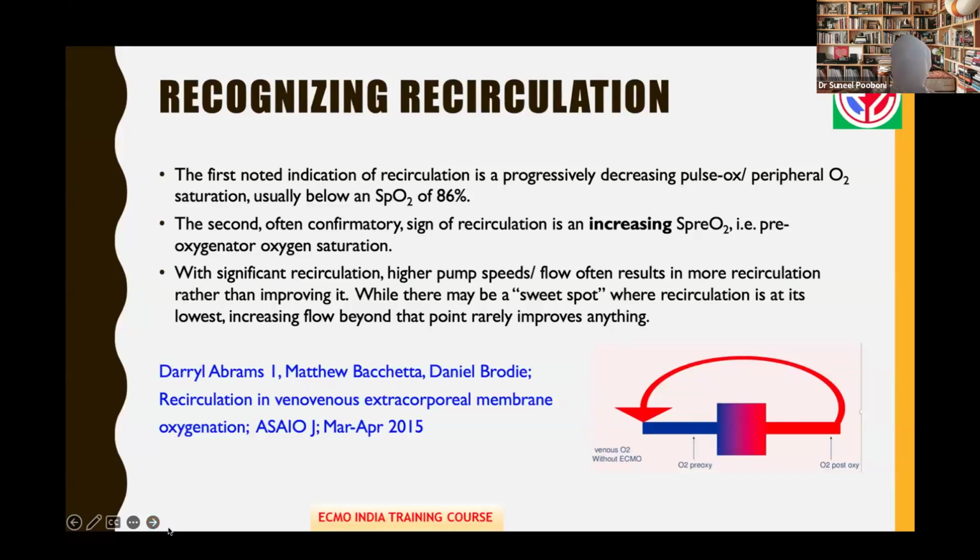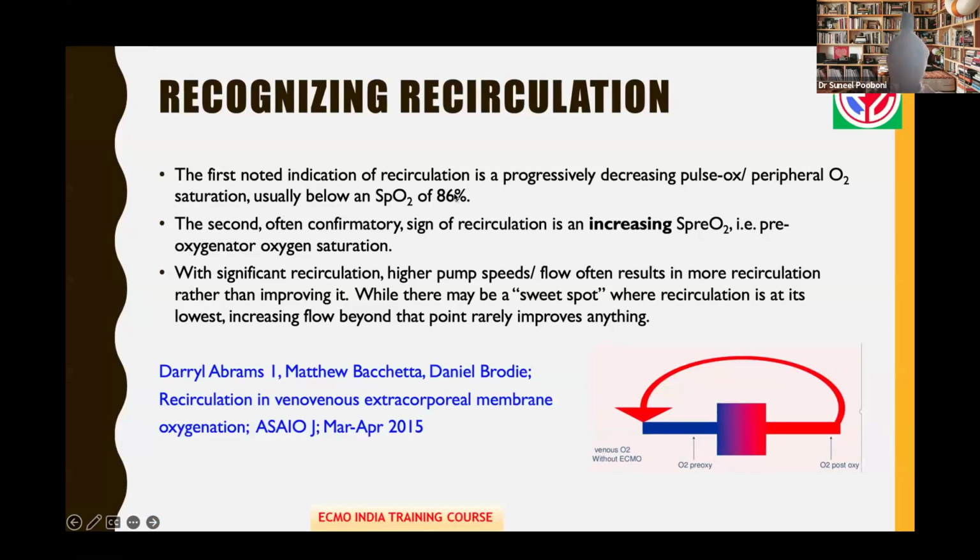So there is no efficiency and tissues do not get oxygen. Okay, so that is how we recognize recirculation.